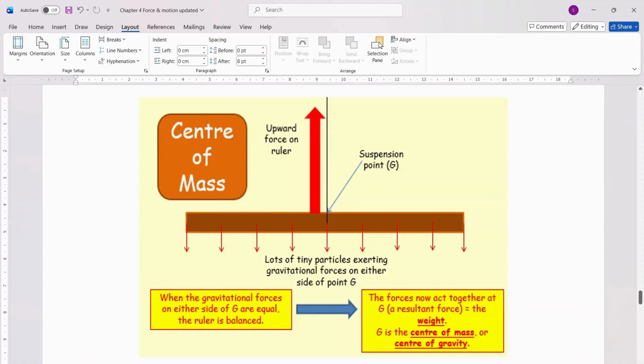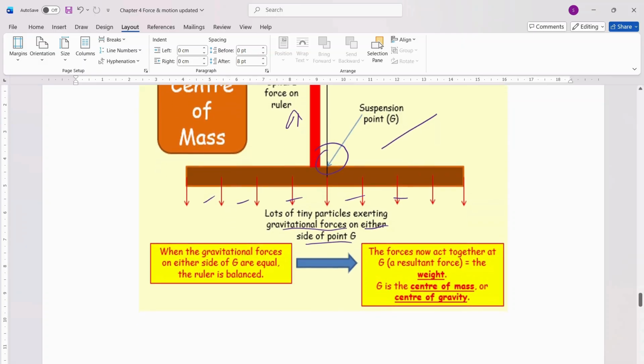Lots of tiny particles are here and they are exerting the gravitational force. The upward force is there, the suspension force is here. When the gravitational forces on either side of G are equal, the ruler is balanced.